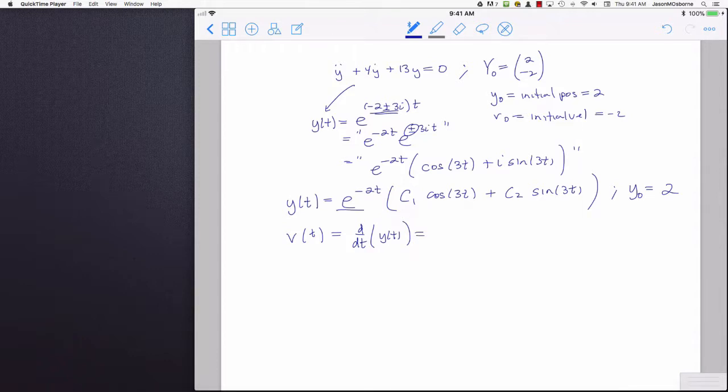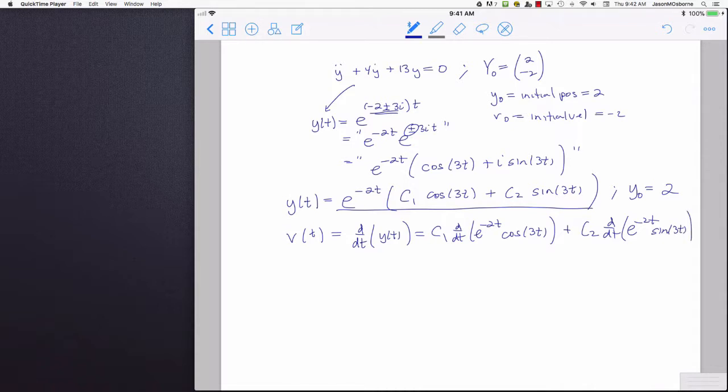If you take the derivative of y, okay, that'll lead you to c1, okay, so you have to take the derivative here. Okay, c1 times the derivative of e to the -2t cosine of 3t plus c2 times the derivative of e to the -2t sine of 3t.